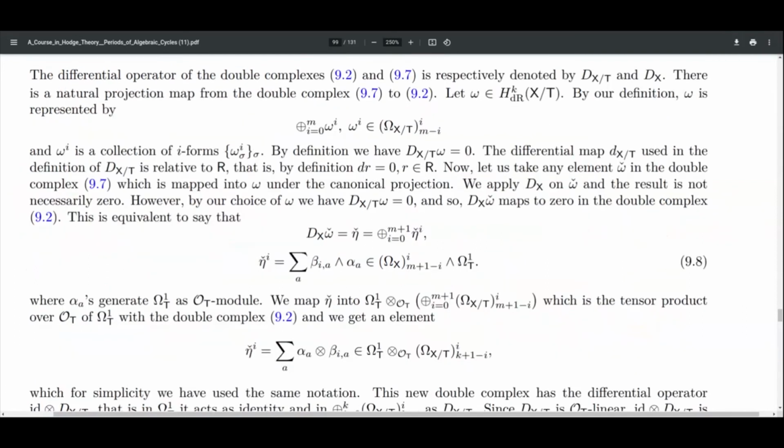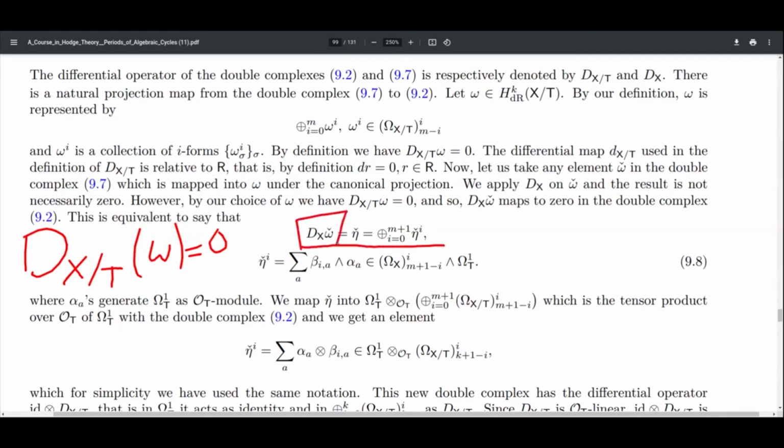So the differential of the relative case of omega equals 0. When we apply the non-relative differential d_X, d_X of omega hat will be an element like this, and this must be 0 in the relative version of differential forms.